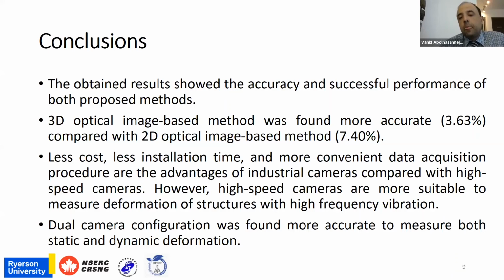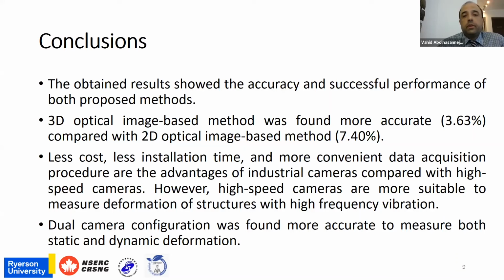As you saw, the results of the industrial camera were more accurate than those of the high-speed camera. In addition, less cost, less installation time, and a more convenient data acquisition procedure are advantages of industrial cameras compared with high-speed cameras.